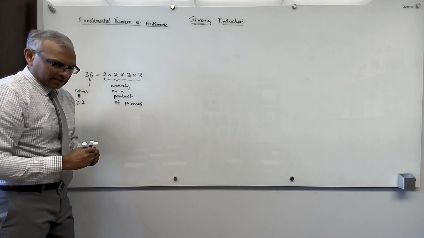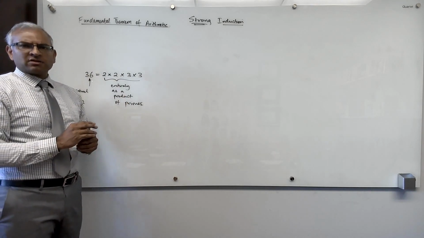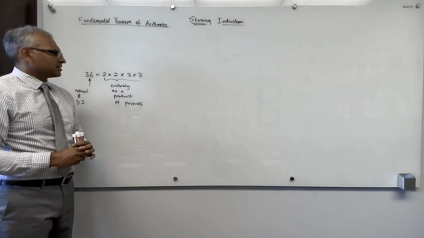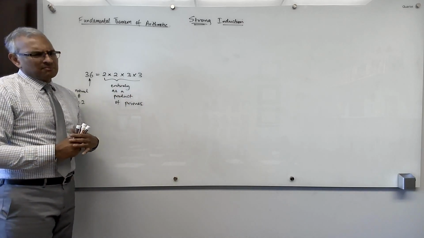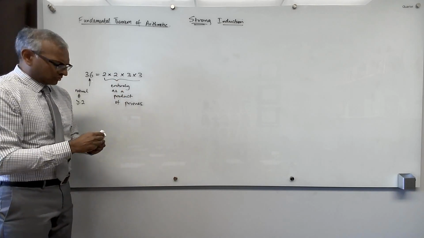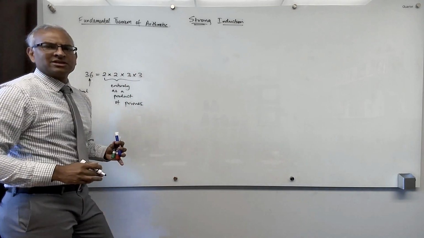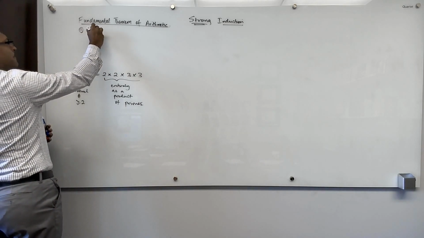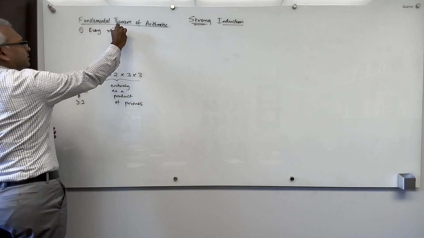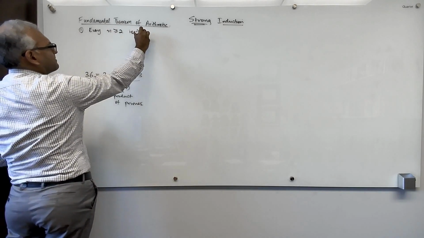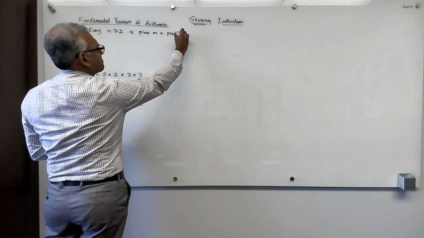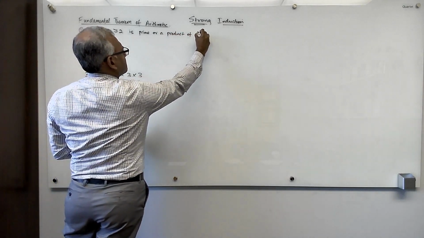Okay? And the fundamental theorem of arithmetic goes one step further and says that, once you've represented it as a product of primes, it's unique up to reordering. So the fundamental theorem of arithmetic basically has two parts. Part 1: every n greater or equal to 2 is either prime or a product of primes.